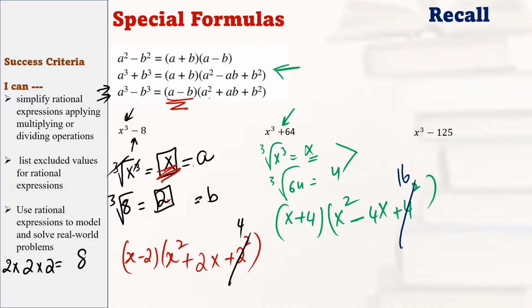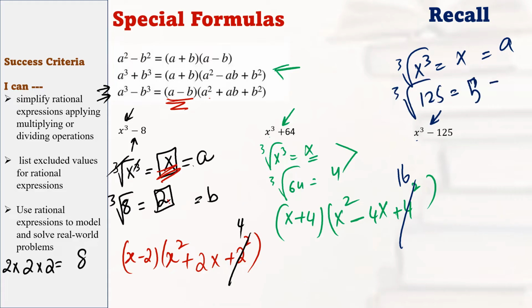So now last, x cube minus 125. Minus means we will use the third formula. The cubic root of x cube gives us x, this is our a. And the cubic root of 125 gives us 5, so this is our b.